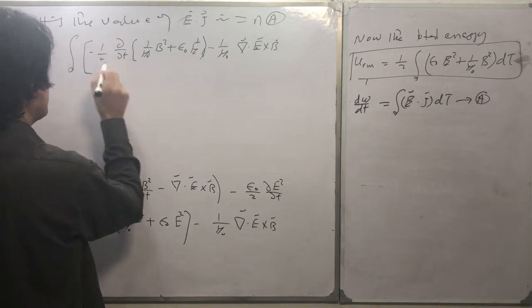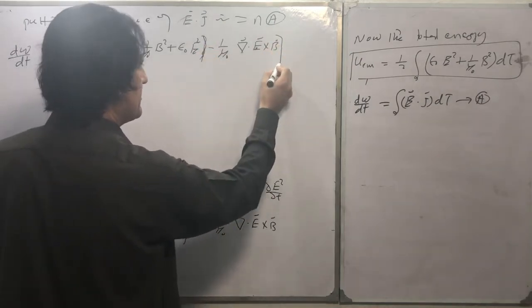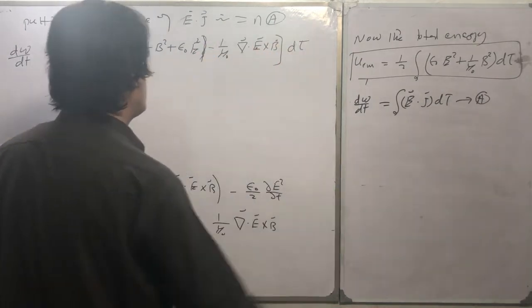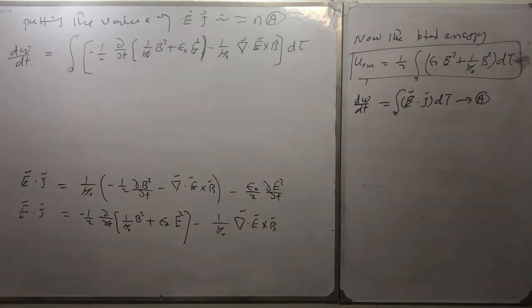And if I take the whole d tau, then we have two integrals.